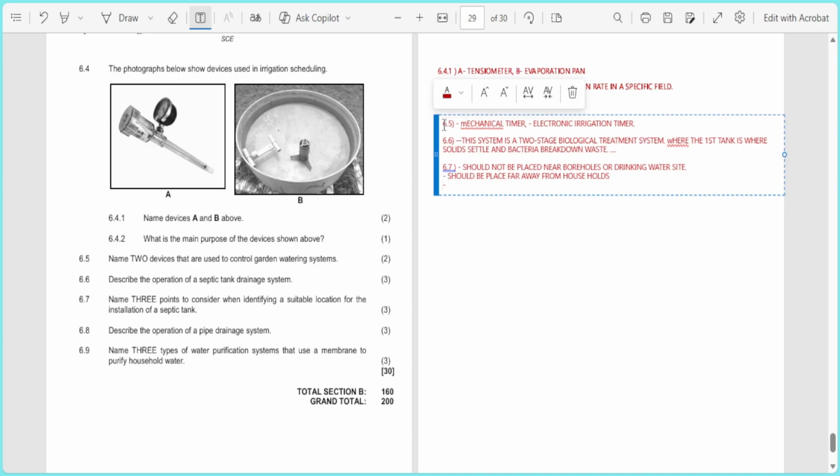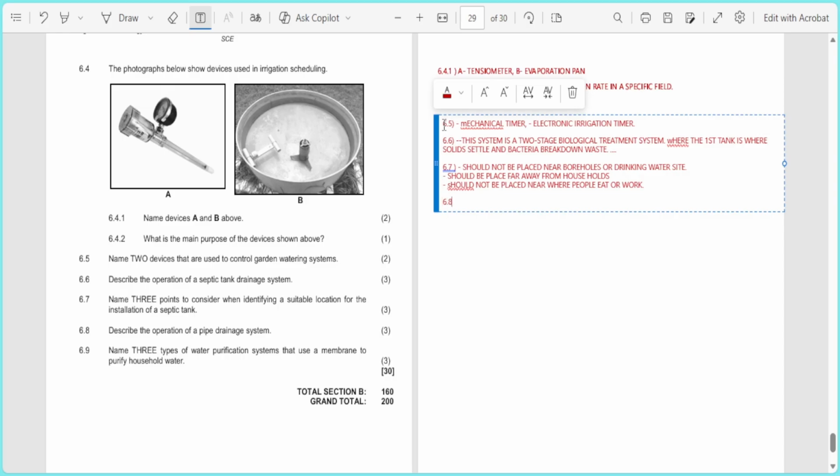Should not be placed near where people eat or work.